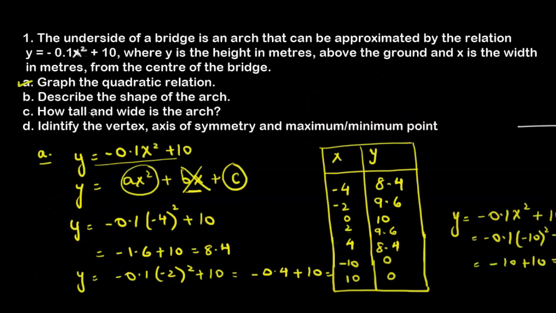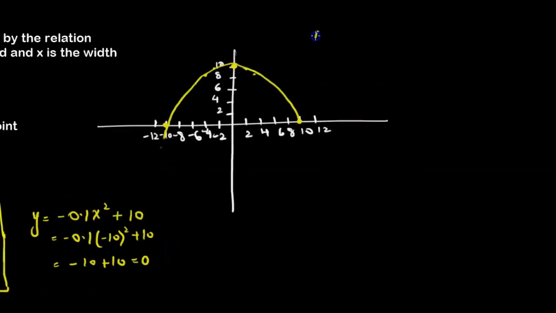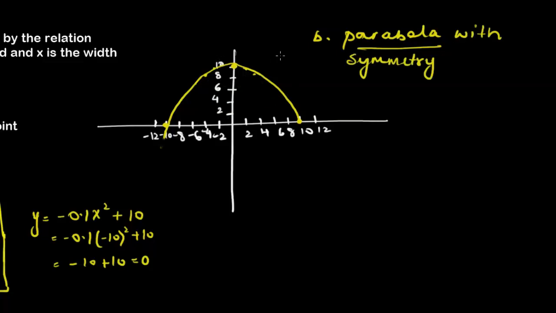Let's read the next part of the question, and that is, describe the shape of the arc. We notice this shape is a parabola. Because we have to describe it, we have to give a little bit of detail about this graph. So this is a parabola, or the shape is parabolic, and we see this graph is symmetrical, and the symmetry that we see is about the y-axis.